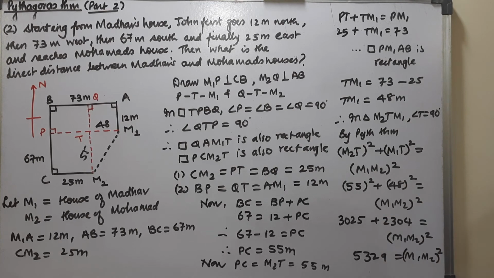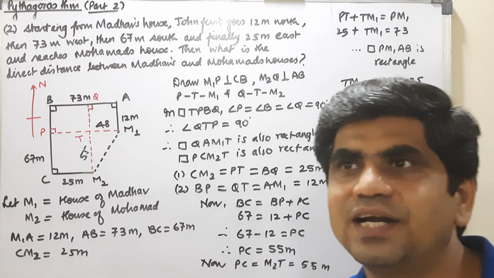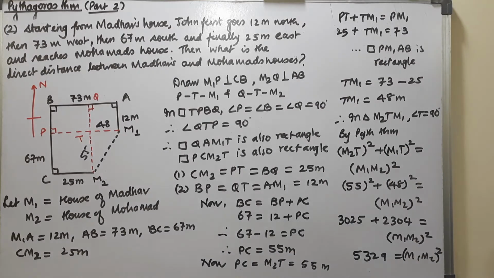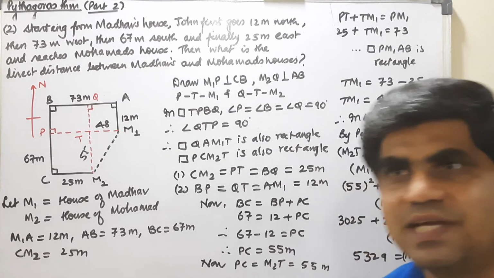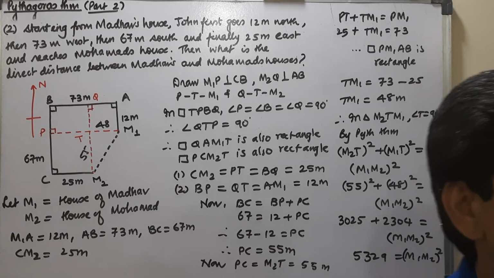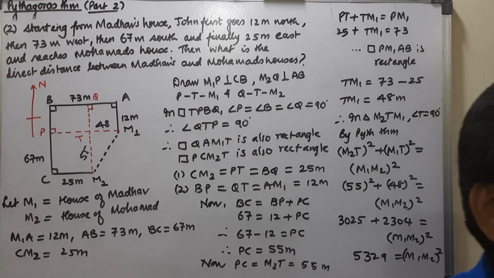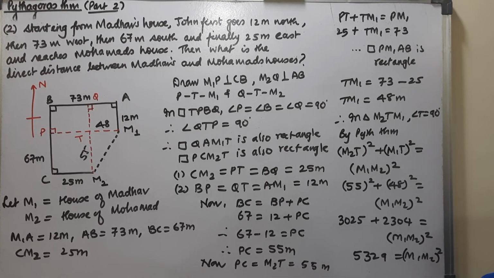So 63 square if I take, 6 sixes are 36, and with this 3, no, it is not coming. So 67 if I take, 67 means 70 minus 3, the whole square is 4900 plus 9, and then minus, it will not come.